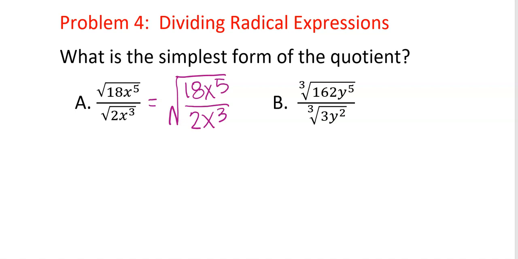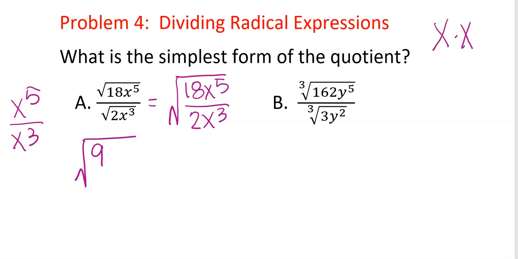Now, can I put 18 divided by 2 together? Now you can, which is 9. So I have a 9. And when you have something like this, what do you do with those exponents? Subtract. So if we went like this, x times x squared would be x to the 3.